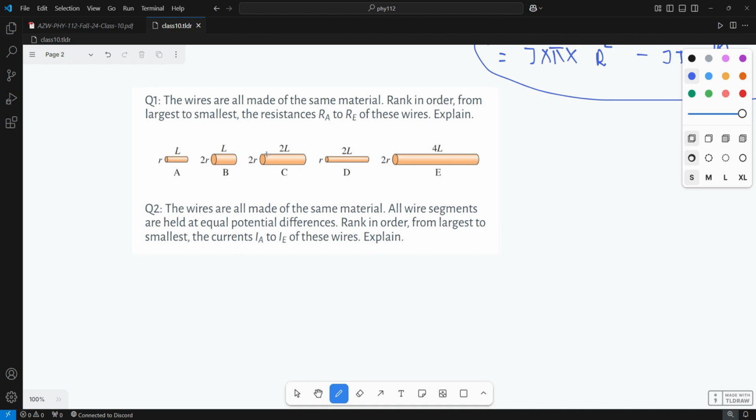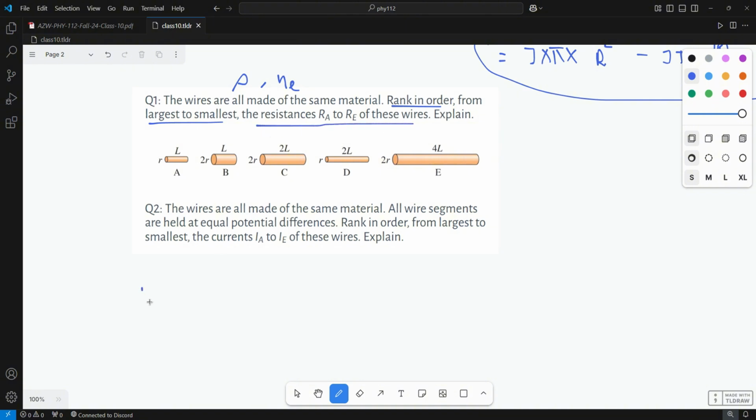Now if we take a look at the next question, it says the wires are all made of the same material. So this indicates that the resistivity will be same, or the amount of free electrons per cubic meter will be same. It also says that we have to rank in order from largest to smallest the resistances Ra to Re of these wires.